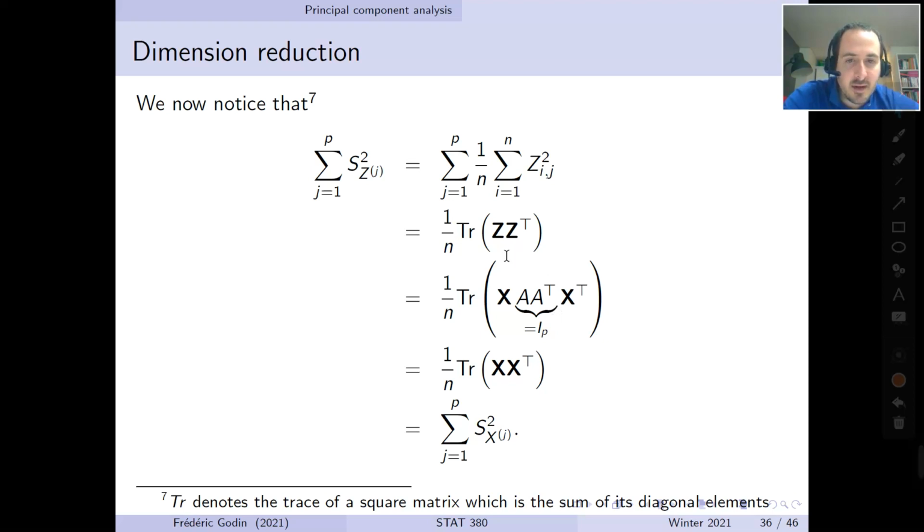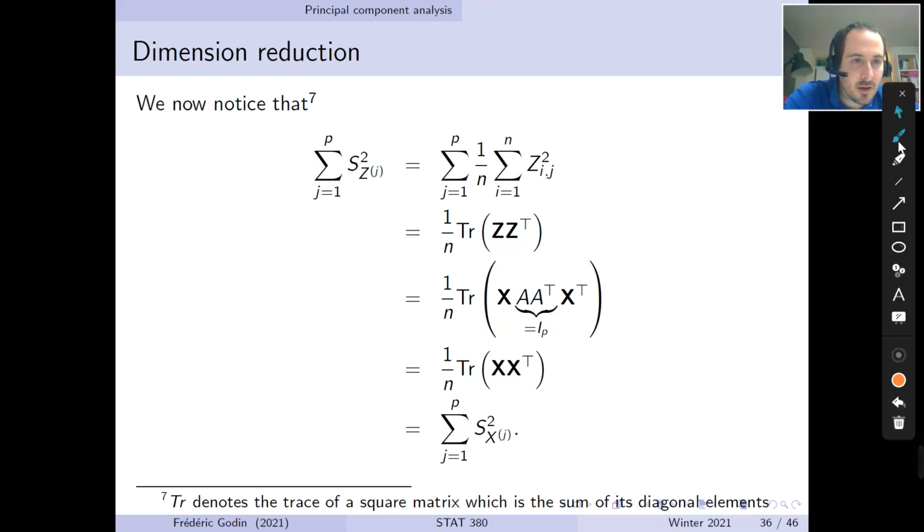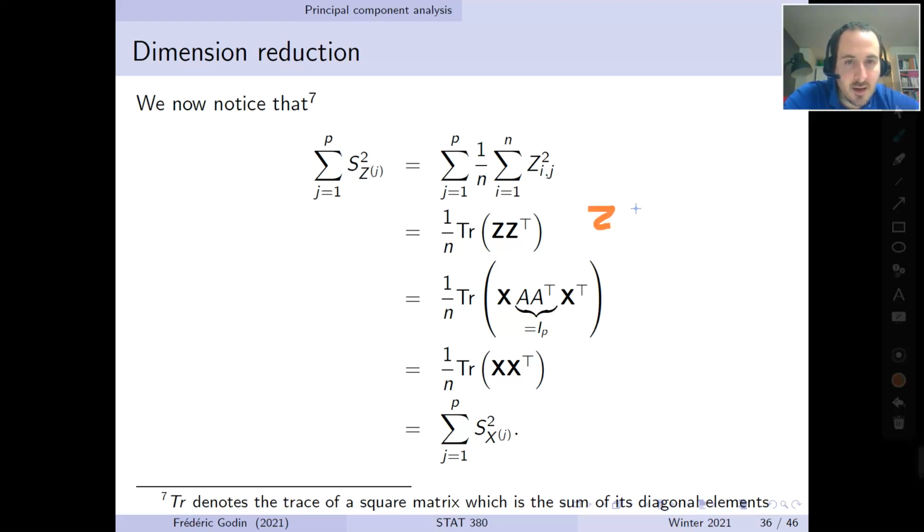We can substitute Z and Z transpose by these, and we obtain the trace of A transpose X transpose XA.